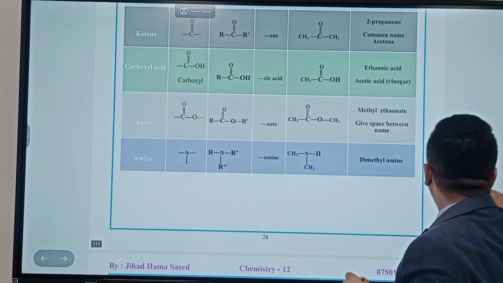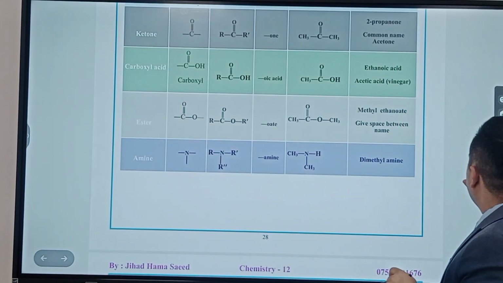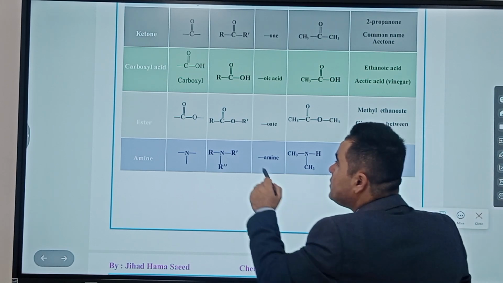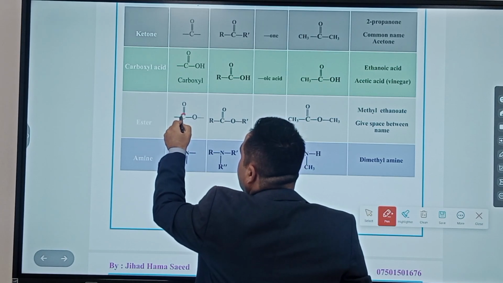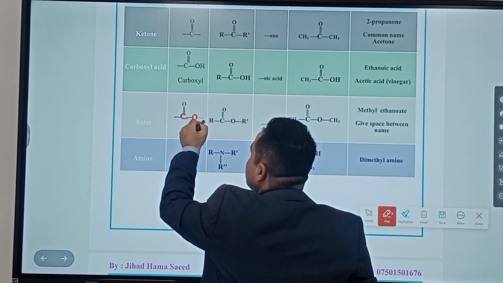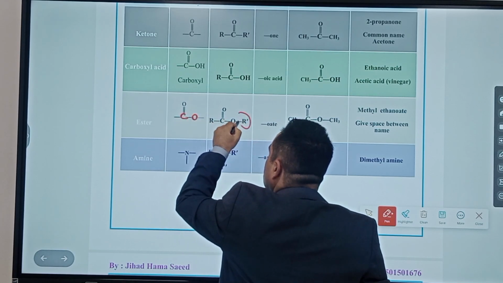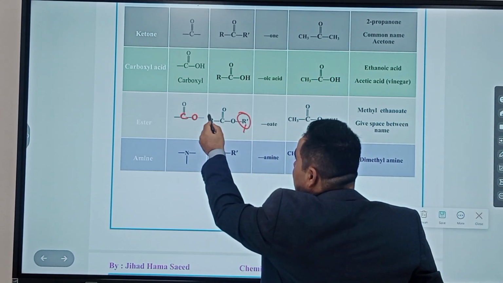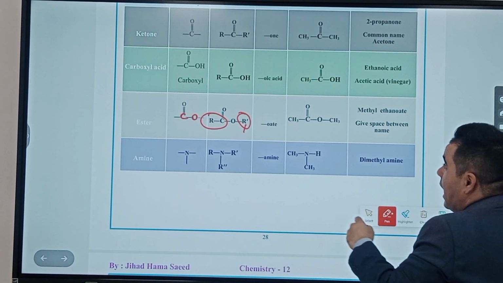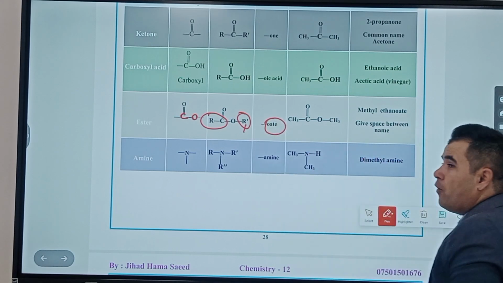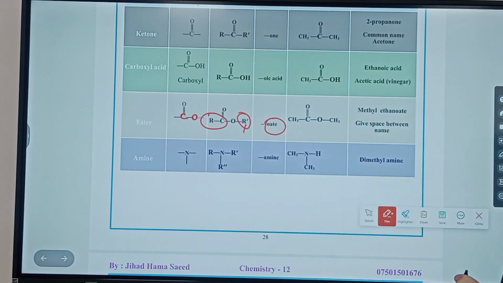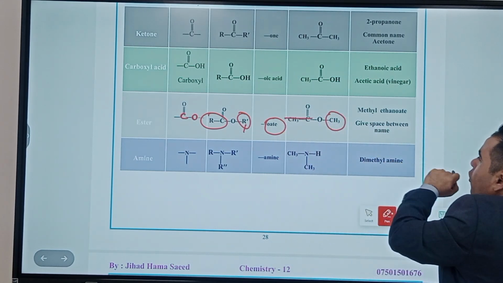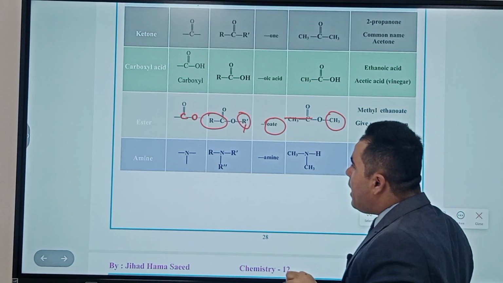Let us talk about or revise the ester and amine as well, like the others. Ester has the same carboxyl group, but instead of the O attached to H, it is attached to an alkyl group. This becomes an alkyl group. That's the parent, the other R, and it takes the suffix -oate in the name. Here we have methyl ethanoate as an example.